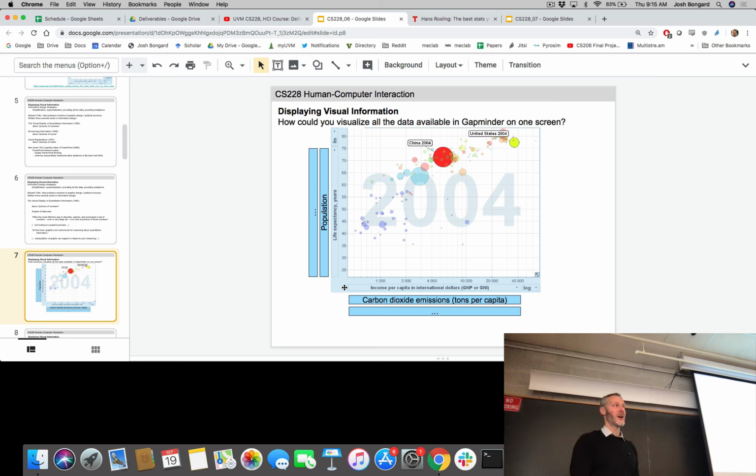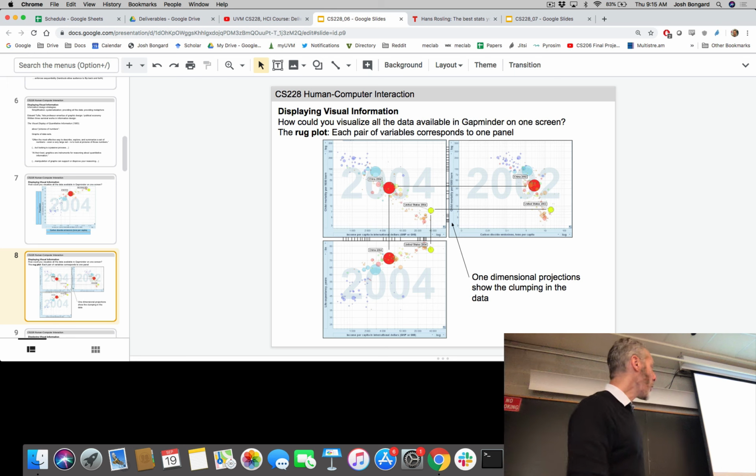So 3D is maybe not the way to go. We could put some background color. We could add rings to the circles. If we want to keep going, we want to add a 4th and a 5th and a 6th variable, which gets really tricky. And admittedly, this is adding a fair bit more ink. We can continue our metaphor here.